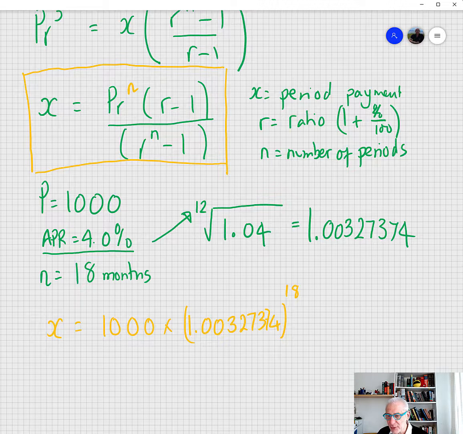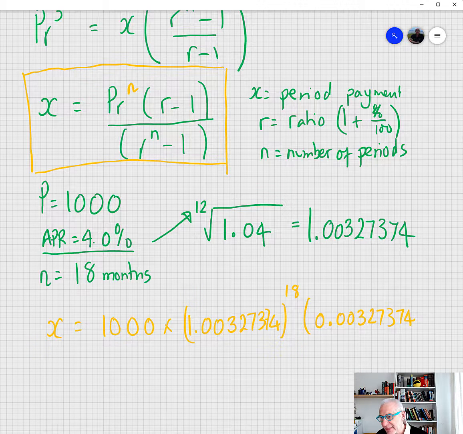That's how much you're going to owe the bank, and we are going to multiply that by r minus 1, which is 0.0032737.